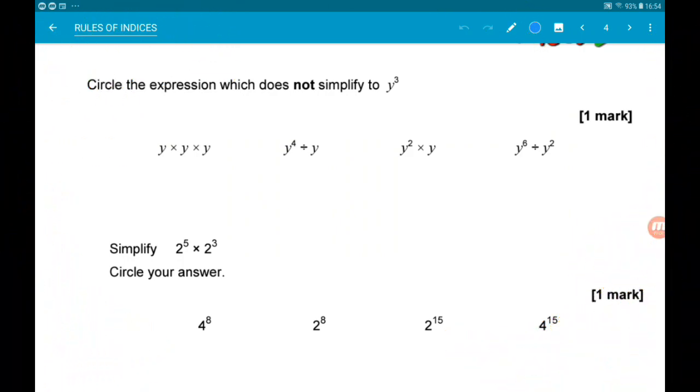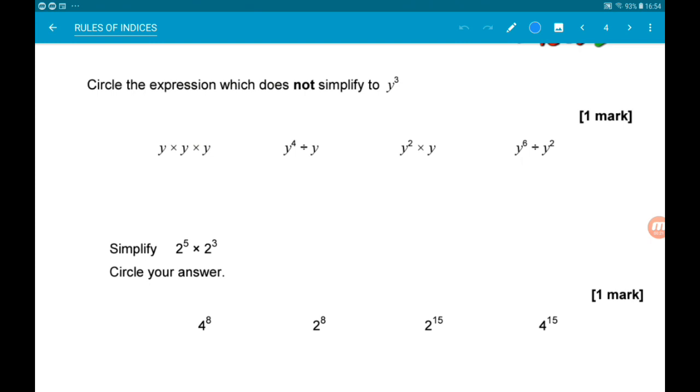Page 3. Circle the expression which does not simplify to y cubed. Okay, so y times y definitely does. Y to the power 4 divided by y. Remember, that means y to the 4 divided by y to the 1.